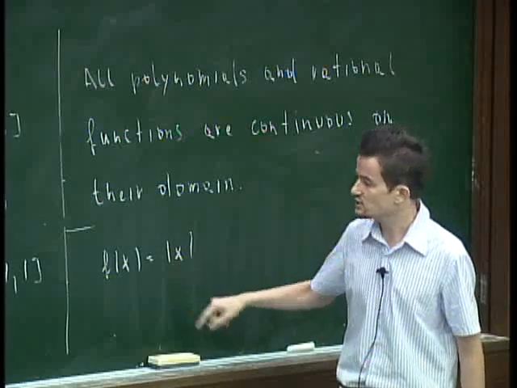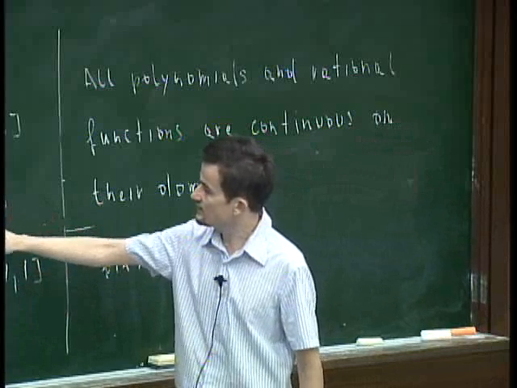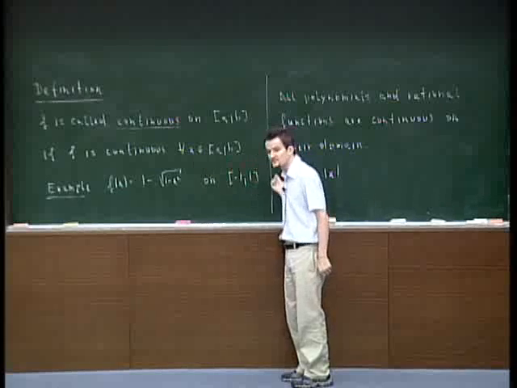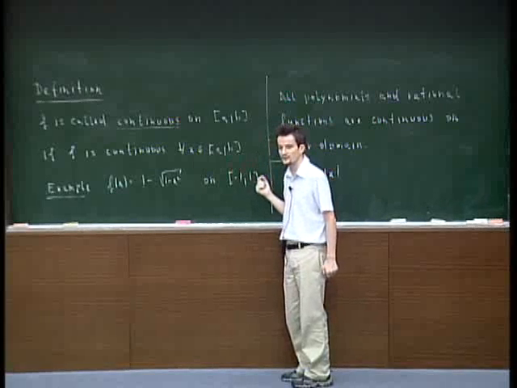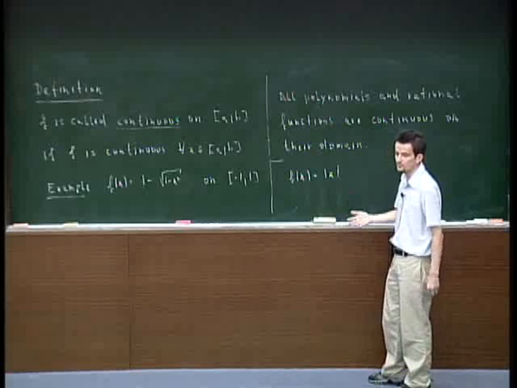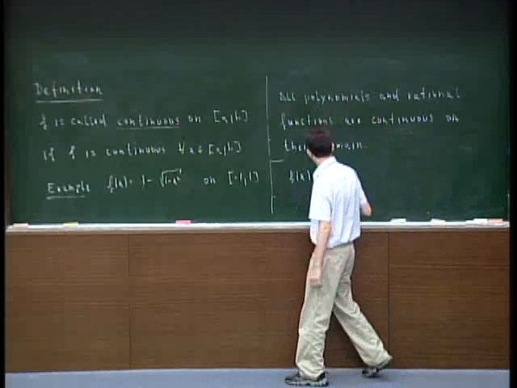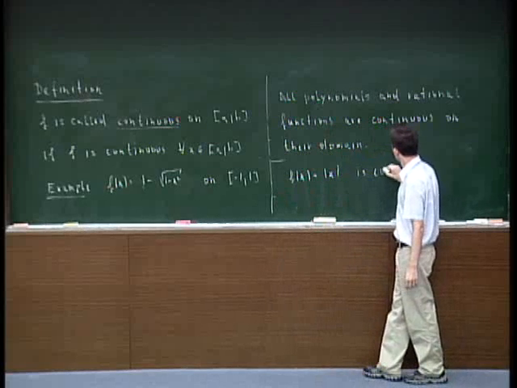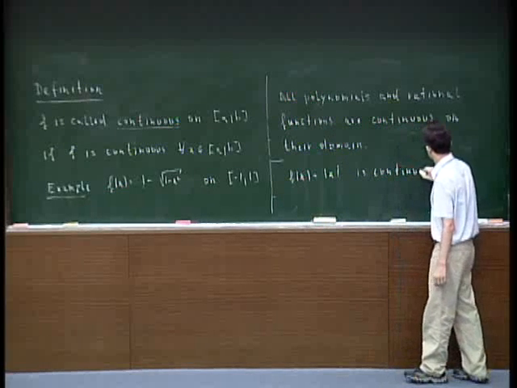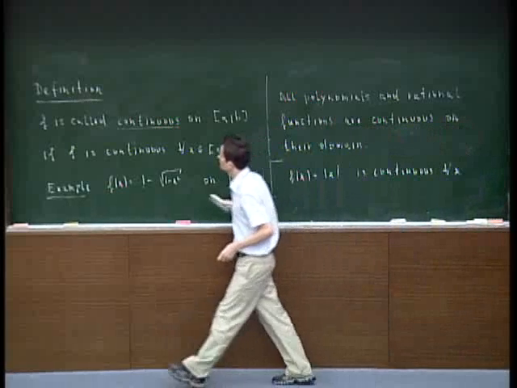And actually, this function is continuous at 0, infinity, and minus infinity, 0 always included. So it's continuous everywhere, because at 0 it's left continuous and right continuous, because it's just a polynomial. So this function is continuous for all x.